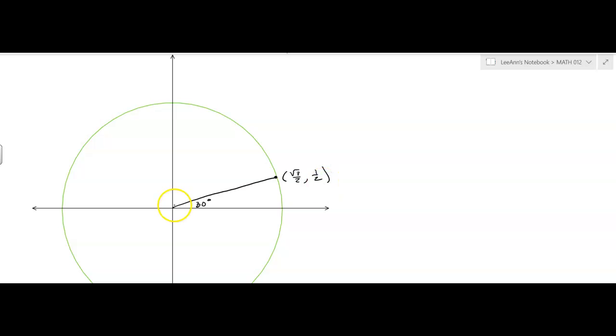Then we had a 45 degree, and the coordinates there were the square root of 2 over 2 and the square root of 2 over 2. And that was 45 degrees.